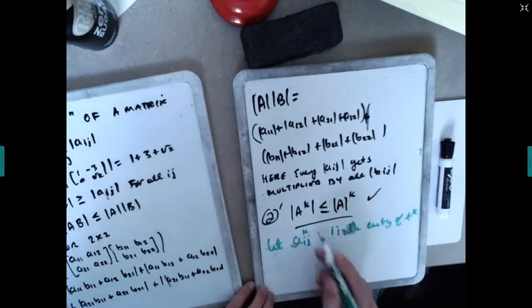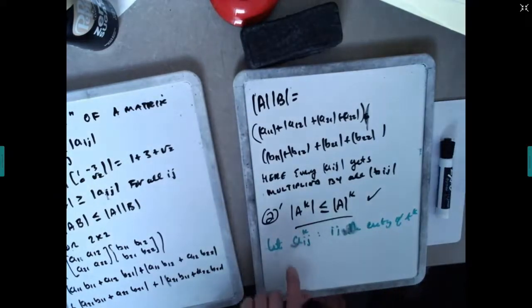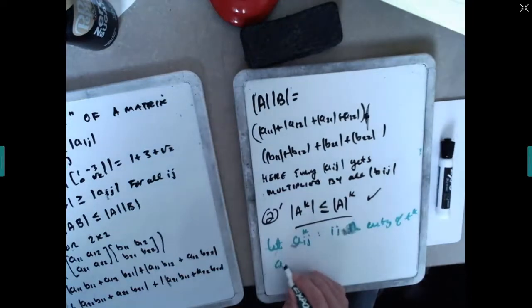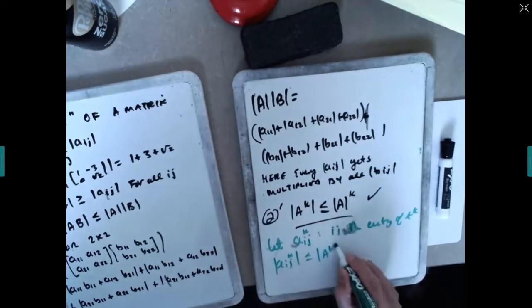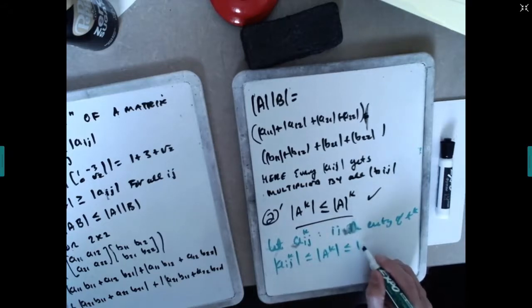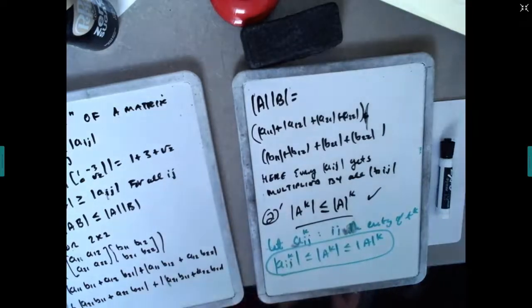This is not raised to the k power. The k is being used as a superscript here, not a power. So superscript, not power. And what this basically says is that this aij k is going to be less than or equal to the norm of this, but it's also going to be less than or equal to the entire norm to the k power. And this is the inequality that I really want right here.